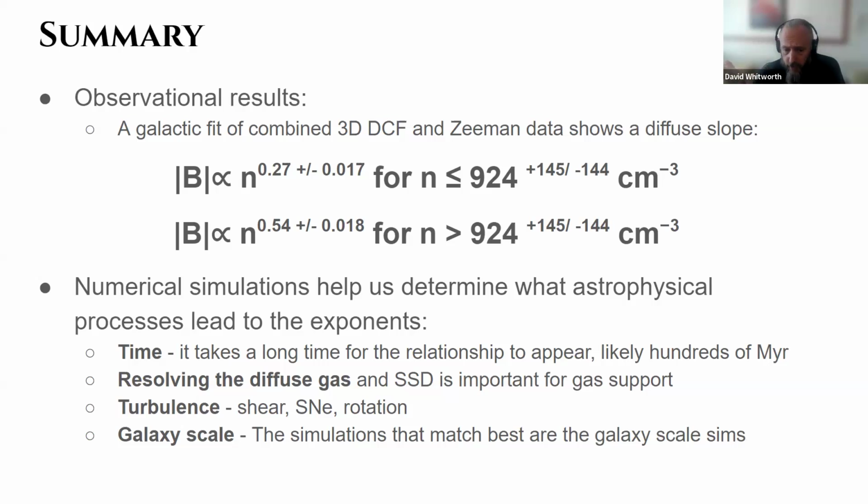It's driven by turbulence, shear, supernova, rotation, and it's a galactic scale relationship. The simulations that match best to the observational results are the galactic scale simulations. So if you observe a small region, you may or may not pull out the relationship. But if you take an average over multiple regions, that's when you start to see the relationship arise.